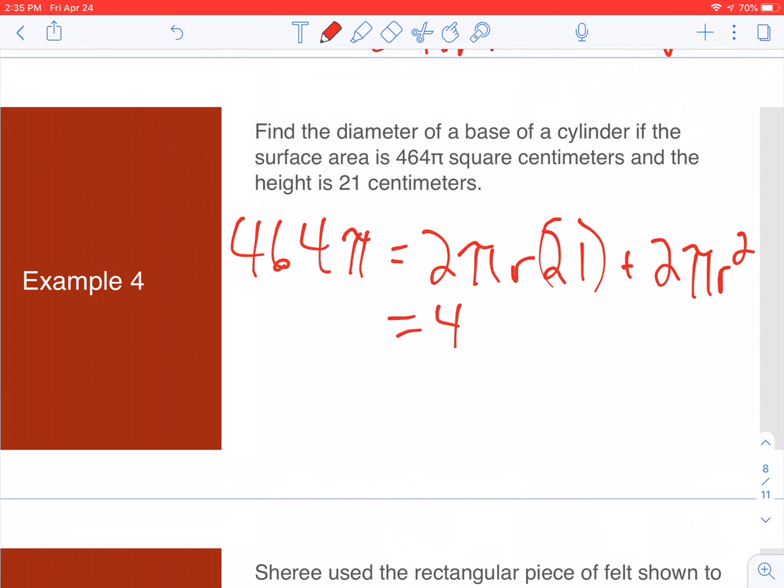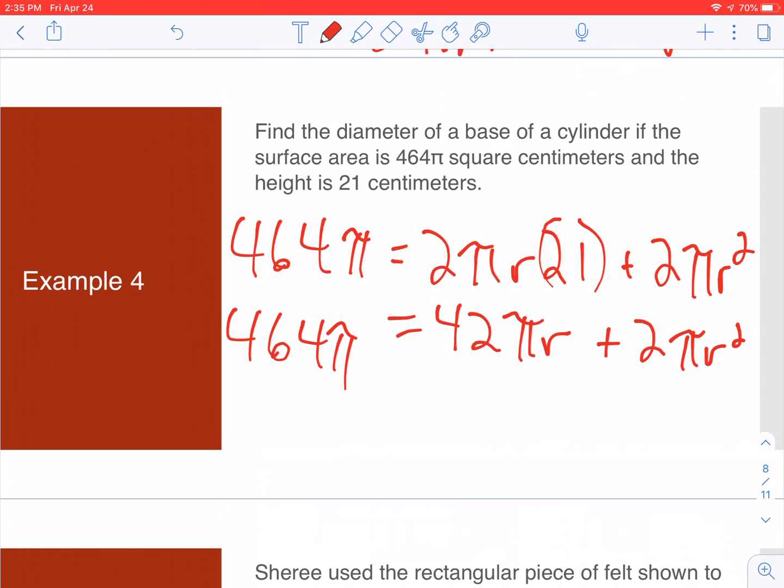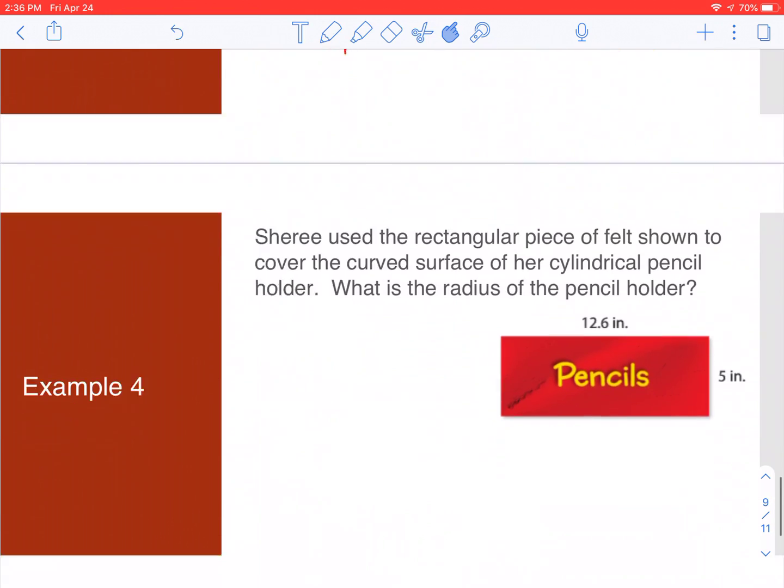So this becomes 42 pi r plus 2 pi r squared, which equals 464 pi. What's going to end up happening here is we're going to have to factor and complete the square and all that kind of stuff. I just want to make sure that you know how to set it up. If we need any more clarification, we can ask Mrs. Balke on that one, but that's how you would set that one up.